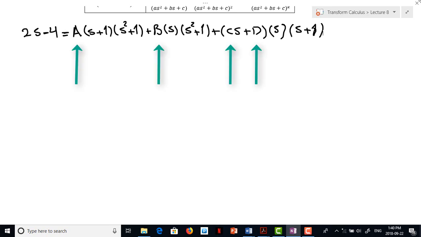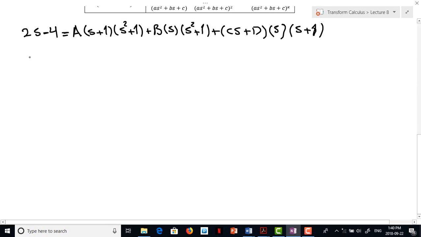We have to find A, B, C, and D. In order to find A, B, C, and D, in the last lecture we said we have two different solutions. At first we used the second solution because it's easier in case we end up with the result. So here I want to use the second solution.